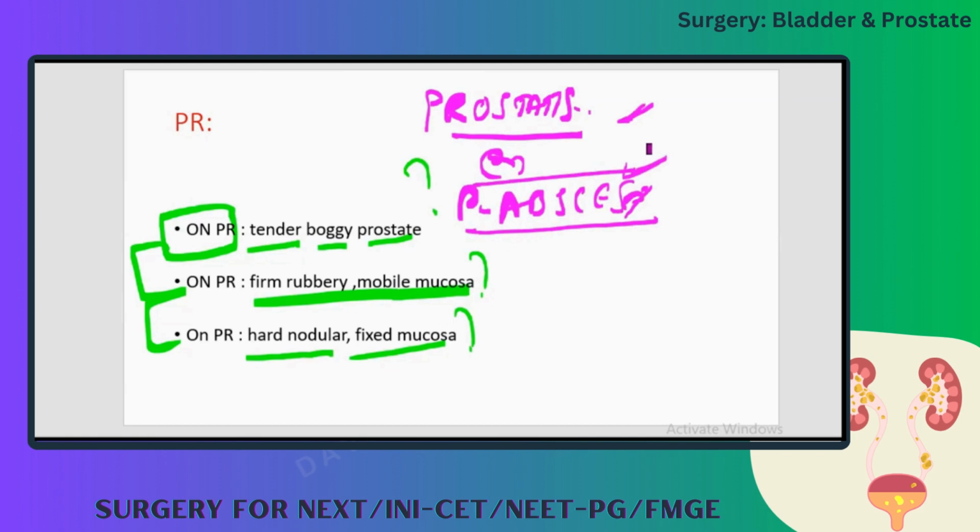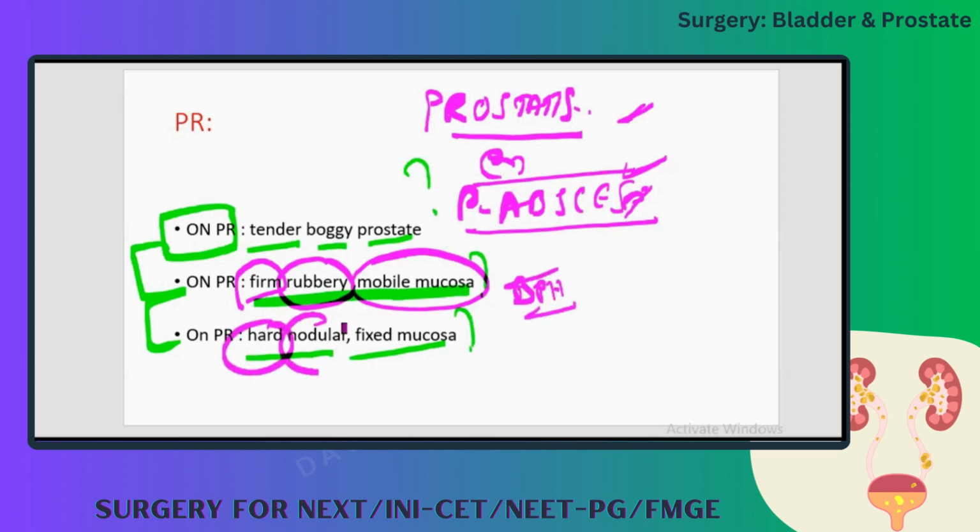If on PR examination the prostate is firm, rubbery, and the mass is mobile, then it is known as BPH. If the mass is hard, nodular, fixed, then what is that? Fixed mass. Carcinoma. Yes, carcinoma.